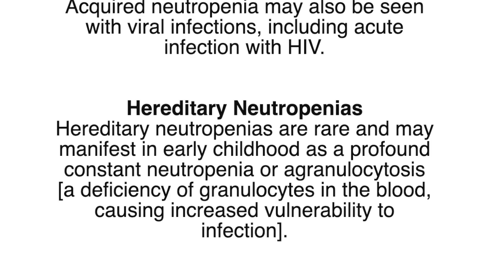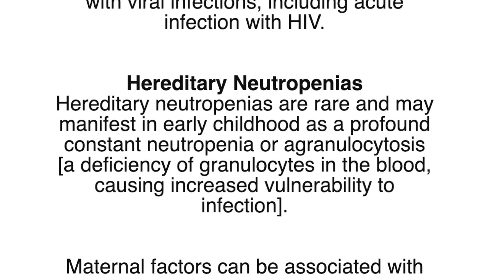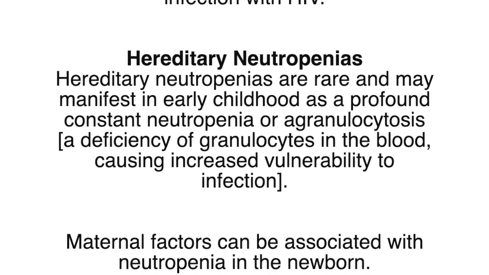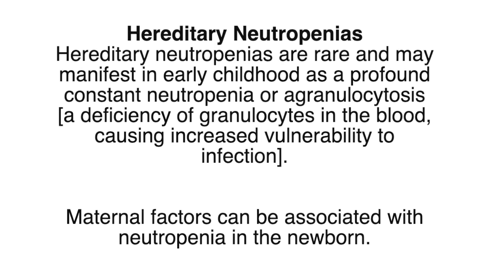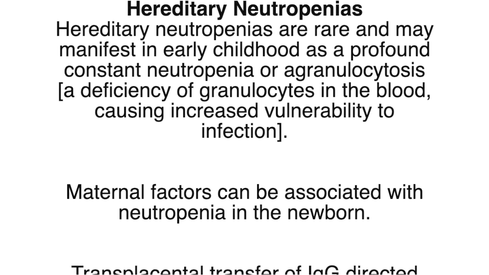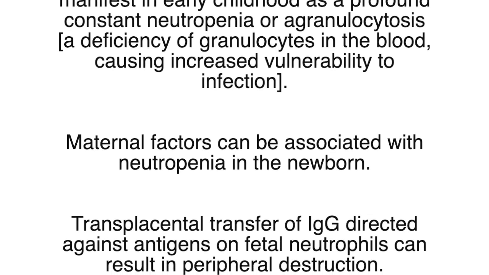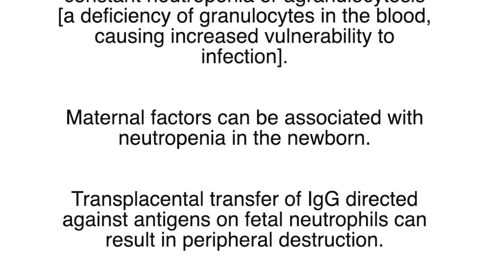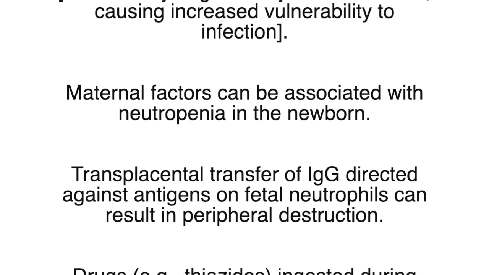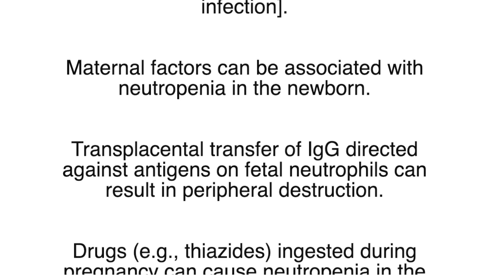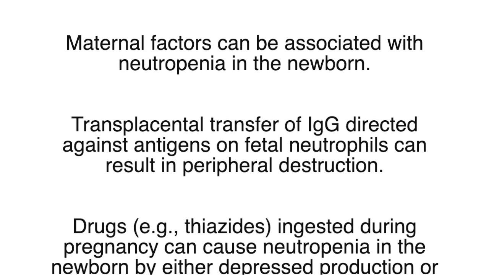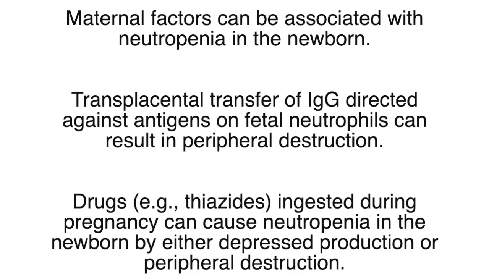Hereditary neutropenias. Hereditary neutropenias are rare and may manifest in early childhood as a profound constant neutropenia or agranulocytosis, that is, a deficiency of granulocytes in the blood, causing increased vulnerability to infection. Maternal factors can be associated with neutropenia in the newborn.